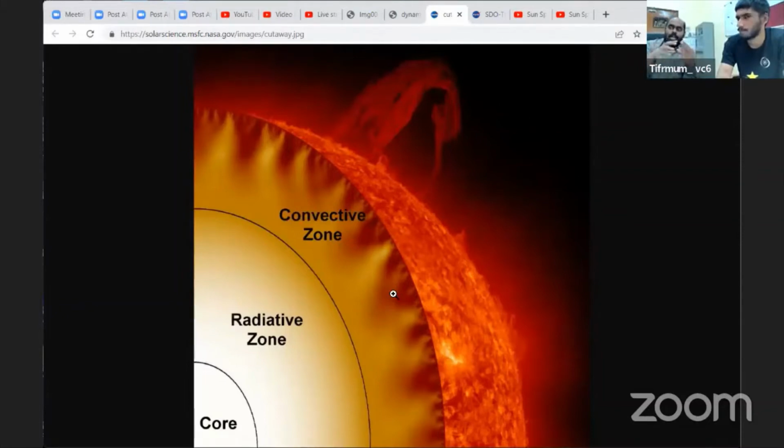So you have a cooler patch on the surface of the sun, with a lower temperature than its surroundings. The reason we see these dark spots is because those are spots with very strong magnetic fields, and those strong magnetic fields cause those regions to be cooler, resulting in the sunspot.